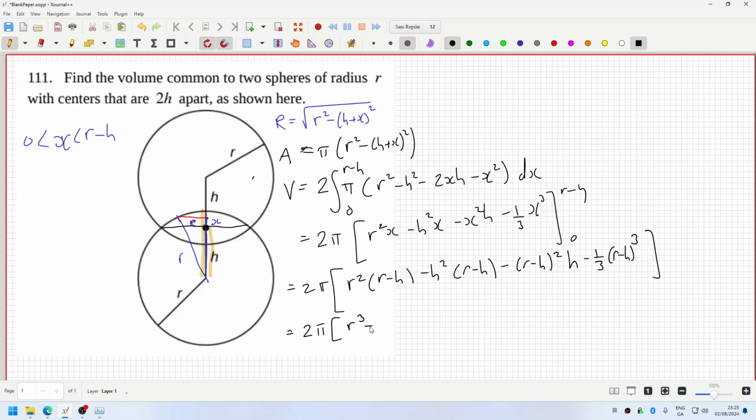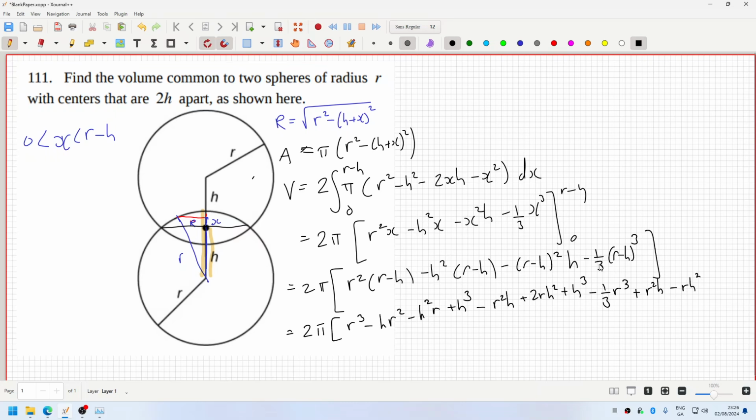Okay, so that's 2 pi times R cubed minus HR squared minus H squared R plus H cubed minus R squared H plus 2RH squared plus H cubed minus 1/3 R cubed, and minus a minus is plus 3 times 1/3 R squared H, and then plus minus RH squared.